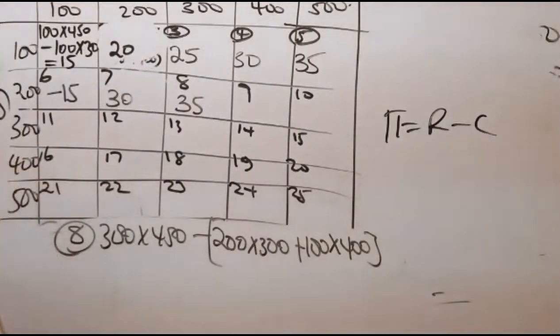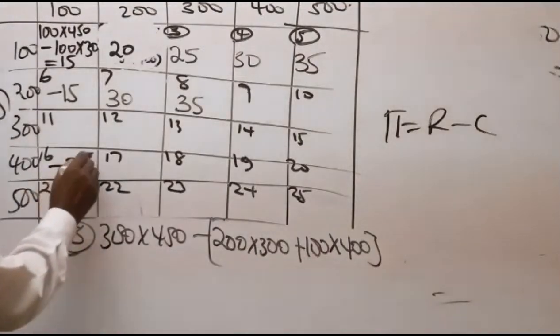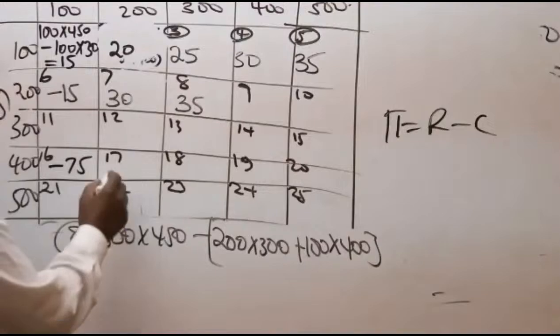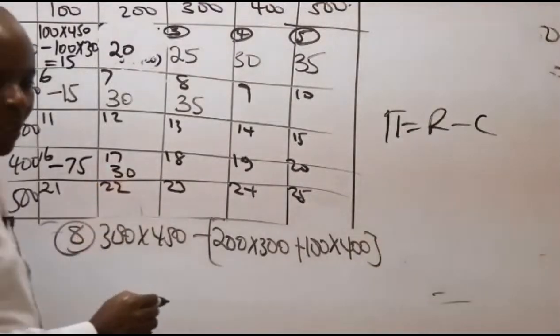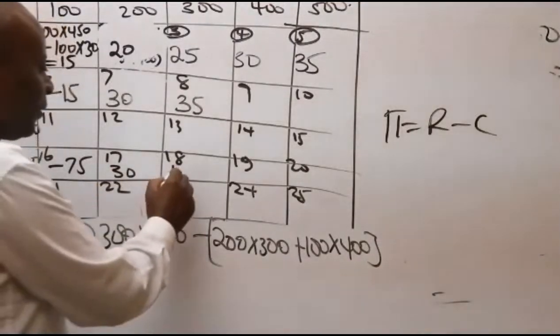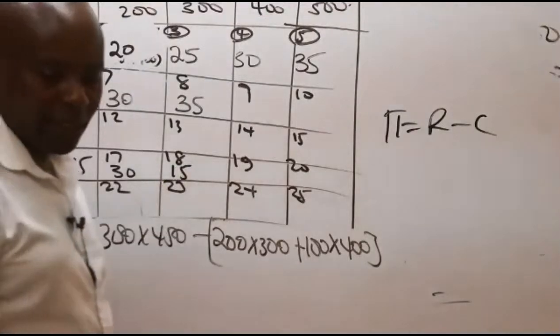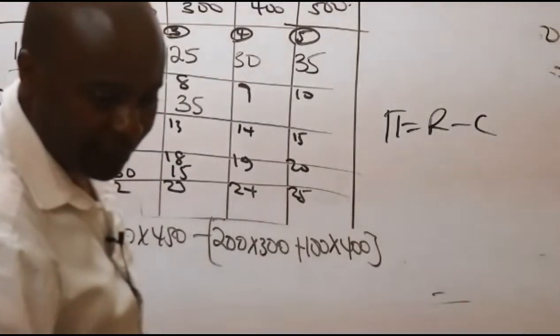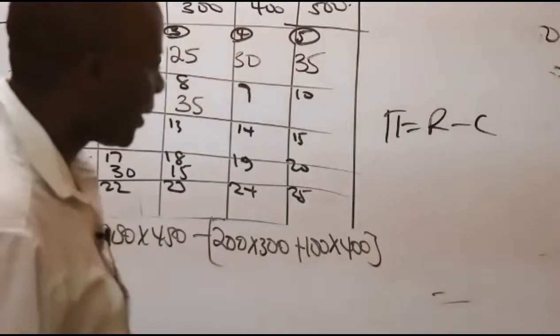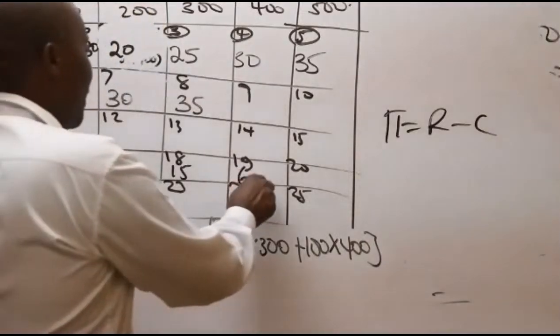Kigunda from cell number 16, they're telling me it is negative 75, right? 17 is 30. 18 is 15. 19 is 60.